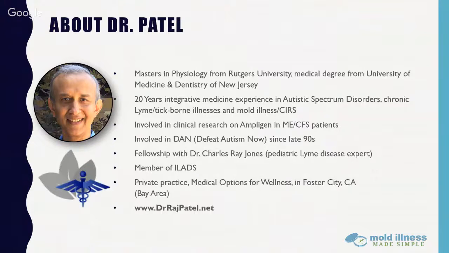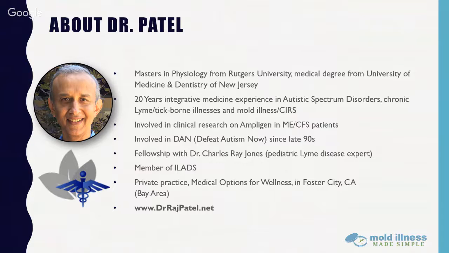Dr. Patel, would you like to introduce yourself briefly? Sure. I started out with a master's in physiology from Rutgers University in New Jersey, and then obtained my medical degree from the University of Medicine and Dentistry. I decided to specialize in family practice.